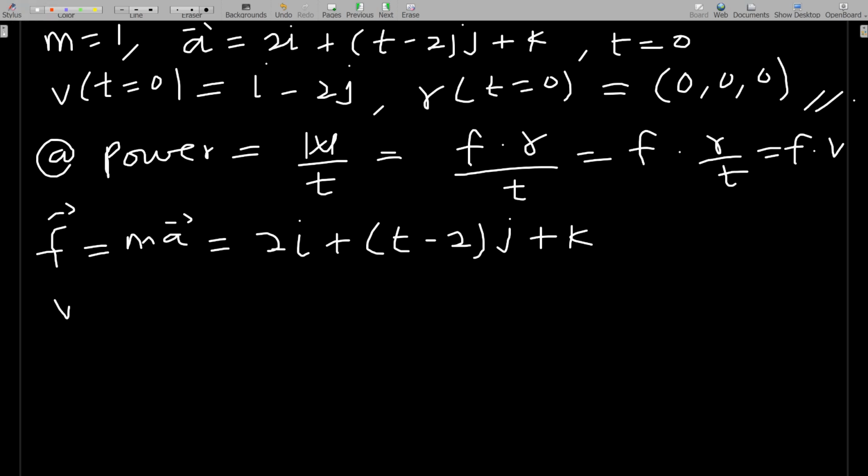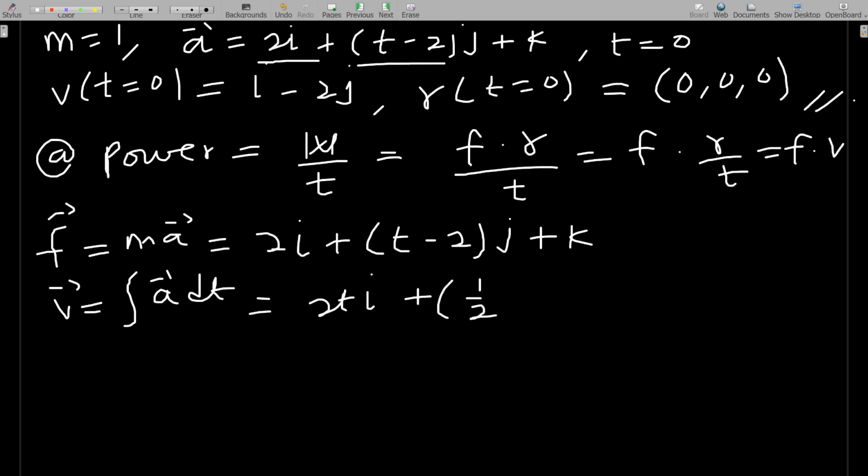So my v is equal to the integral of a with respect to t. Wherever I see, let's say 2i, I integrate it with respect to t, and that gives me 2ti. I integrate (t minus 2)j with respect to t: the first term t gives half t squared, minus the second term 2, which gives 2t, times j.